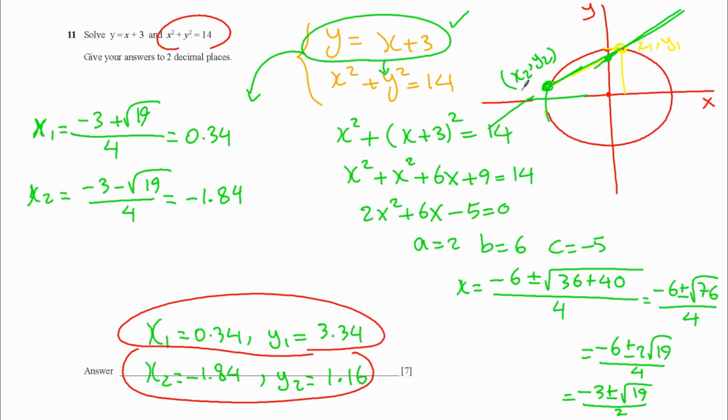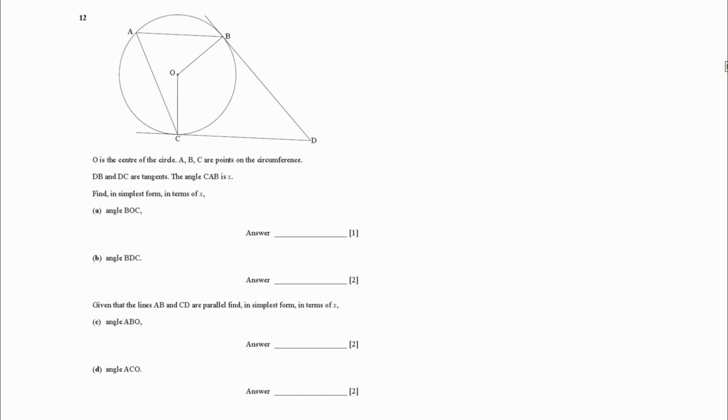This question could be relating to the properties of circles. O is the center of the circle. O, A, B, C are points on the circumference. DB and DC are tangents.